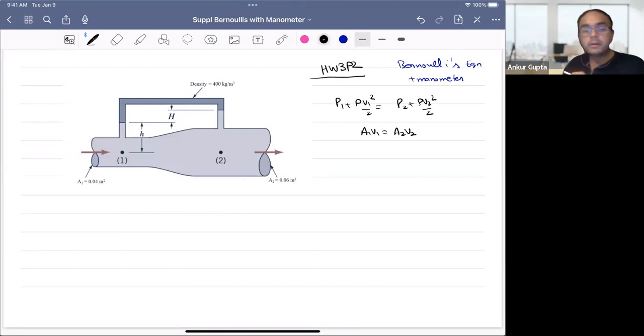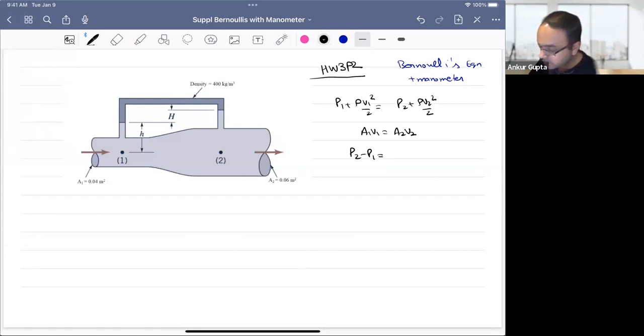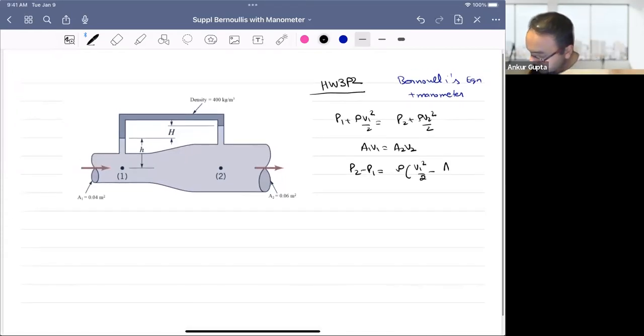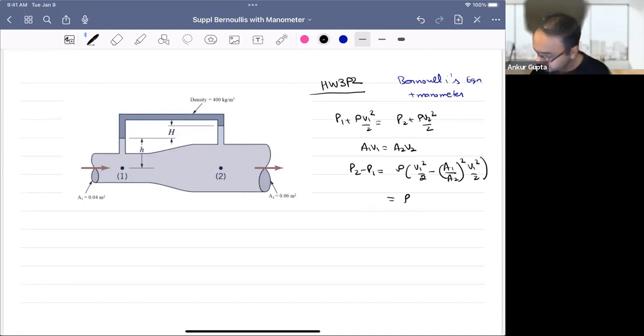So essentially, I know the velocity at 1 is now higher, so I can say that P2 minus P1 is equal to rho V1 squared by 2, and then for V2 I will substitute in terms of A1. So V2 is A1 V1 by A2, which gives rho V1 squared by 2 into 1 minus A1 by A2 whole squared.